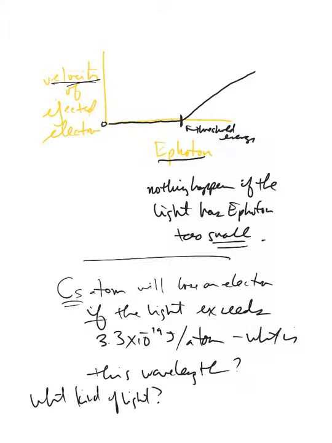Okay, so I actually showed you this equation earlier, E equals hc over lambda, and if you plug those numbers in, you end up getting a wavelength equal to 600 nanometers, or that's 6 times 10 to the minus 7th meters. That happens to be the visible light range. Visible light is between 400 and 700 nanometers. Okay?